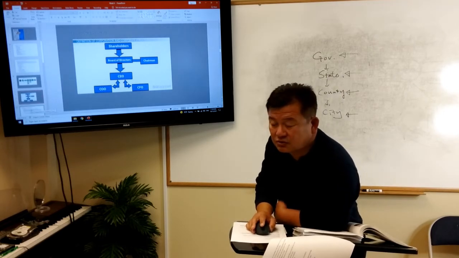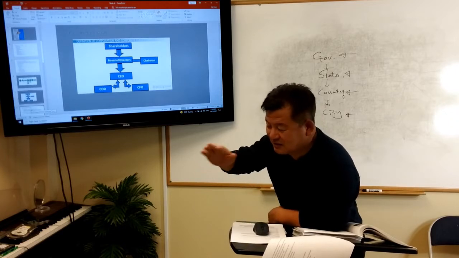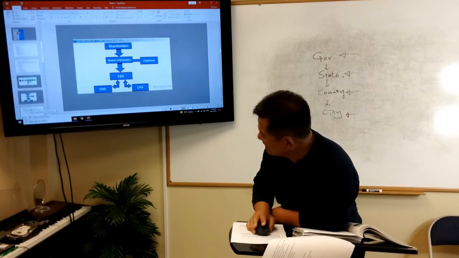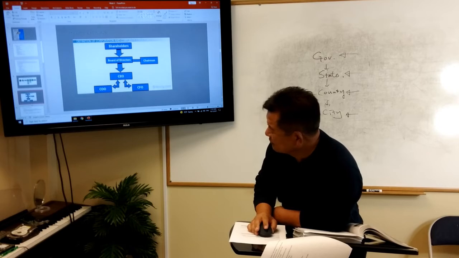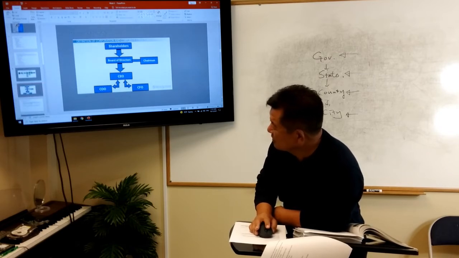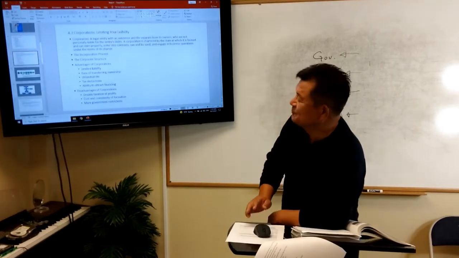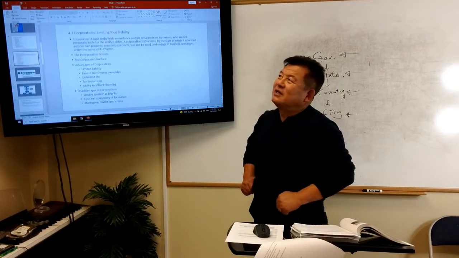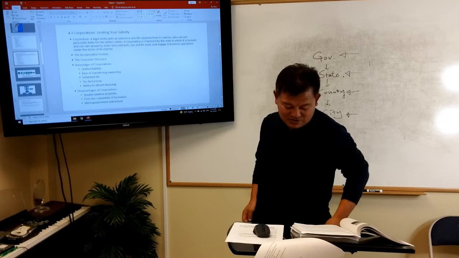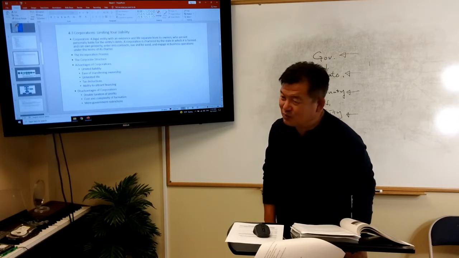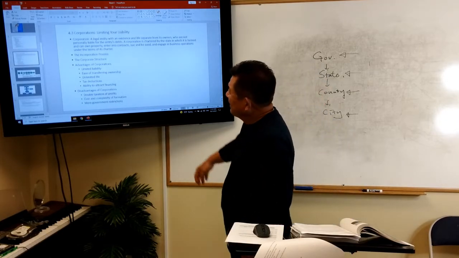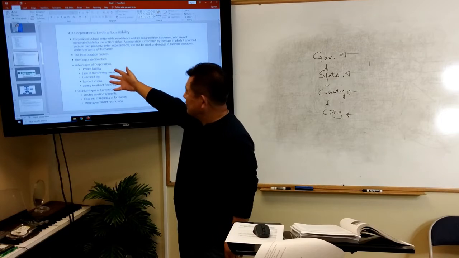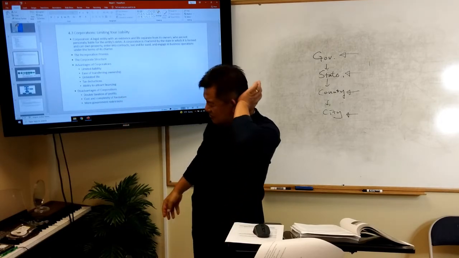Our class is introduction to business, so the introduction is only a very light concept. If you want more details, this starts maybe in the financial part. We will study that more deeply. Now the advantages and pros and cons of corporation.